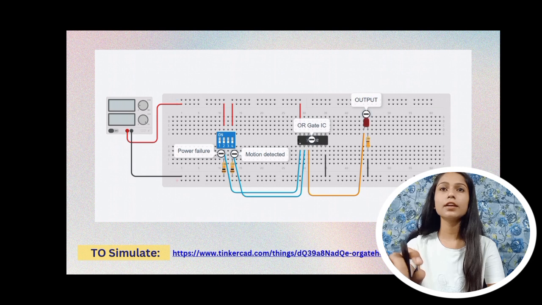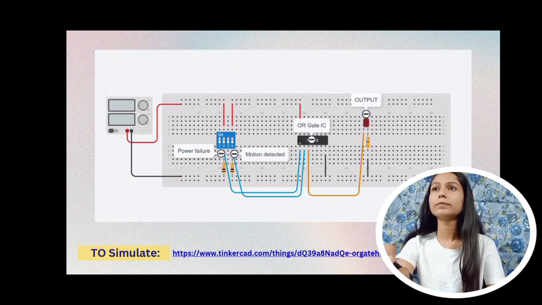This is the circuit in which power failure and motion detection are the inputs of the OR gate, and the output will be seen through an LED. When we turn on power failure, it means power has failed, then the light will turn on. When motion is detected, then the light will turn on, and if both conditions occur at the same time, then also the light will turn on.